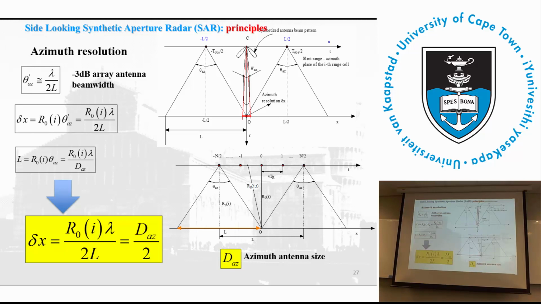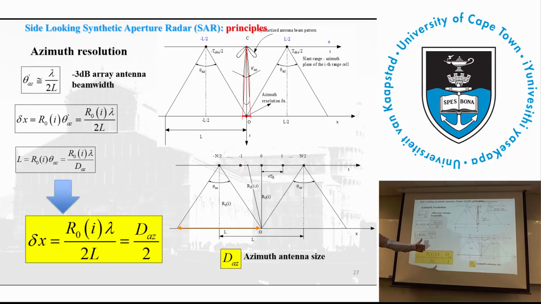So if you substitute L there, and then look at the resolution, you substitute this, you get this divided by this, and what remains is the azimuth size of the antenna. So the azimuth resolution is the actual antenna size along the azimuth divided by 2. That's the resolution you're going to get on the ground.